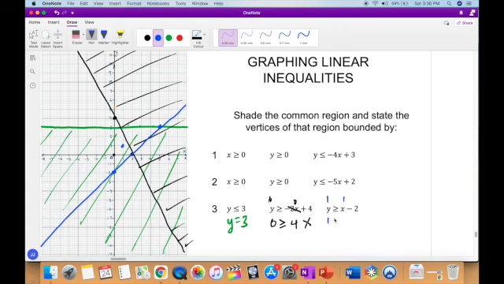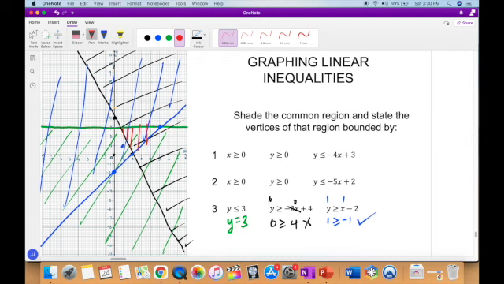That means that 1 is greater than or equal to 1 minus 2, which is minus 1. So 1 is greater than or equal to minus 1. Yes, that is true. My hunch was correct. So it will be the above part of this line, and therefore the common region for all three will be this triangle region here, and we do have the points of the vertices of that triangle.